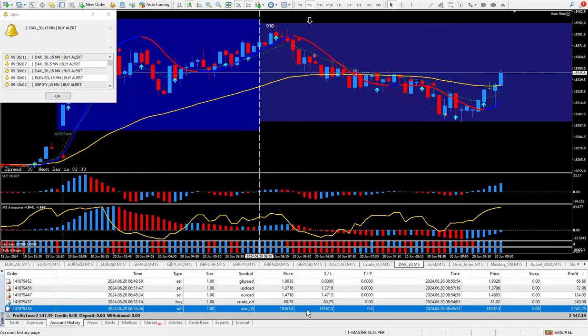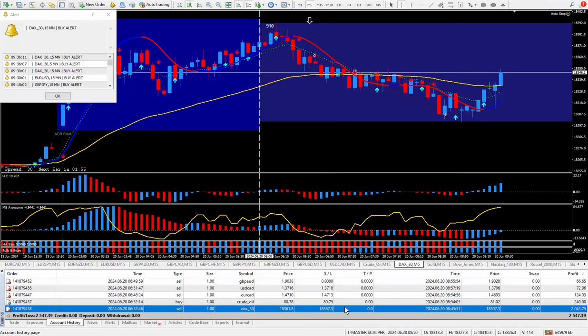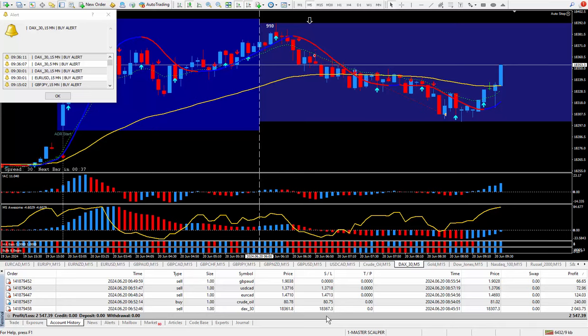Took the trade at this cursor and I closed it out here, looking for those 545, and that's as close as I'm going to be able to get. Calculator actually says 544.8. So I just rounded it up to 545, and all of those ticks paid out $2,043. So another great day of trading using my master scalper.